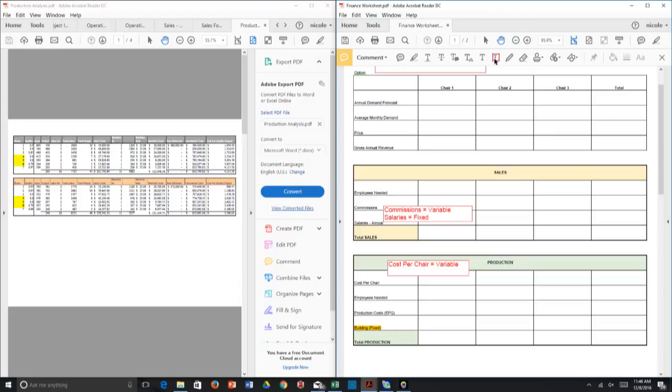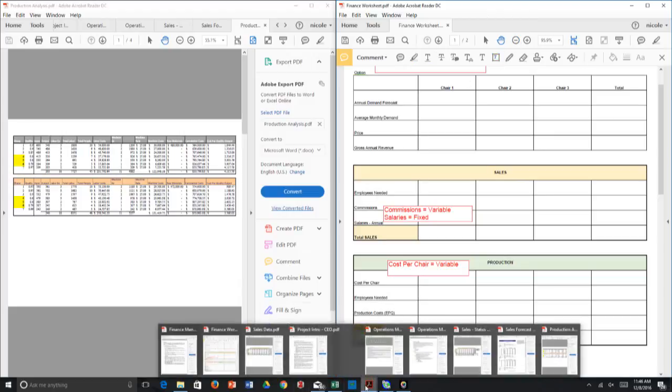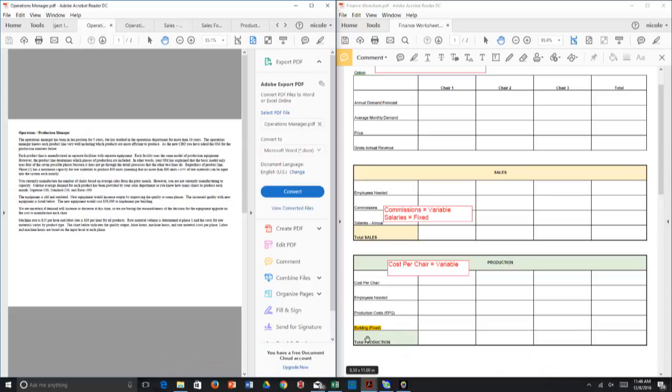Because that fixed cost, as we learned from our operations manager instructions, is $10,000 per building. So we're going to go ahead and plug that in here. Per building, per line. So each chair has to be manufactured in its own building.